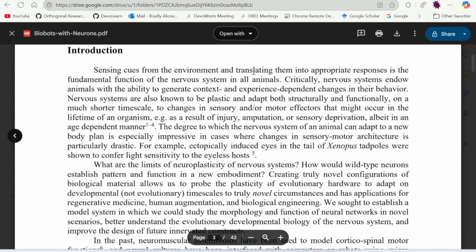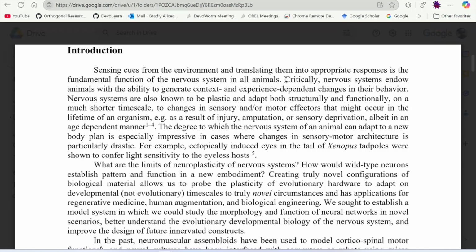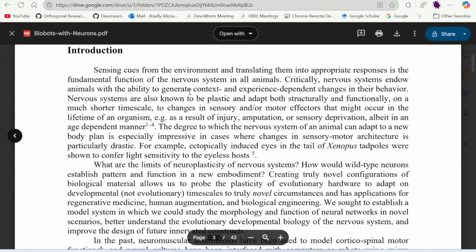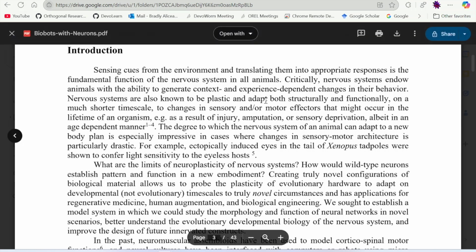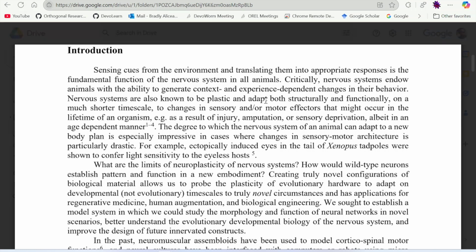Sensing cues from the environment and translating them into appropriate responses is the fundamental function of the nervous system in all animals. Critically, nervous systems endow animals with the ability to generate context and experience dependent changes in their behavior. So this is where we have plasticity based on experience dependence or context dependence.